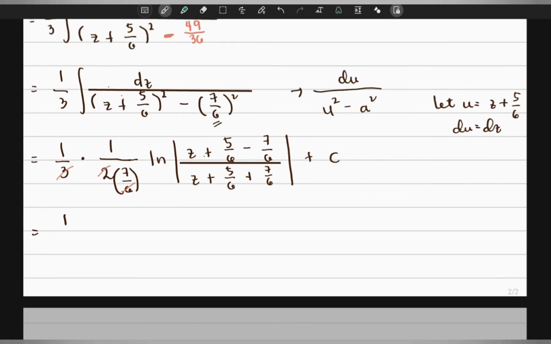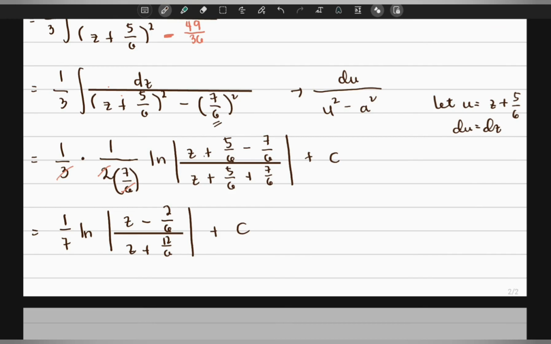So, 1 over 7, tapos, ln of the absolute value of z minus 2 over 6. Tapos, yung isa naman, z plus 12 over 6.